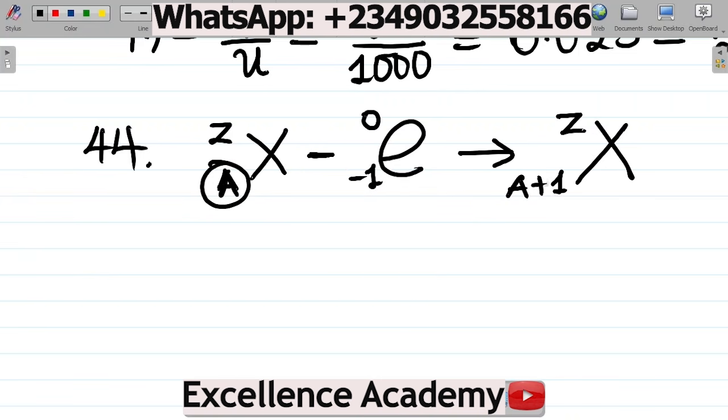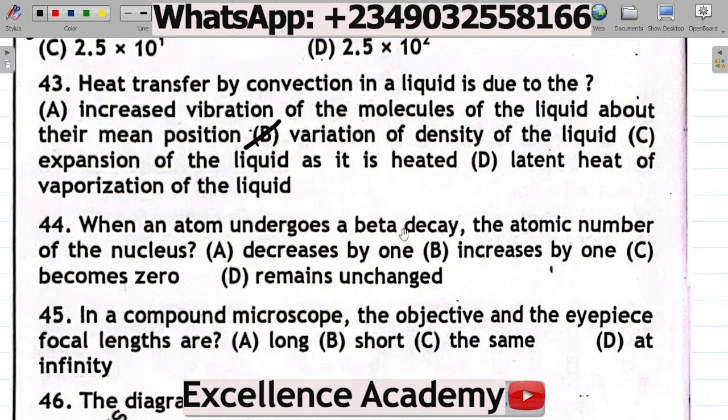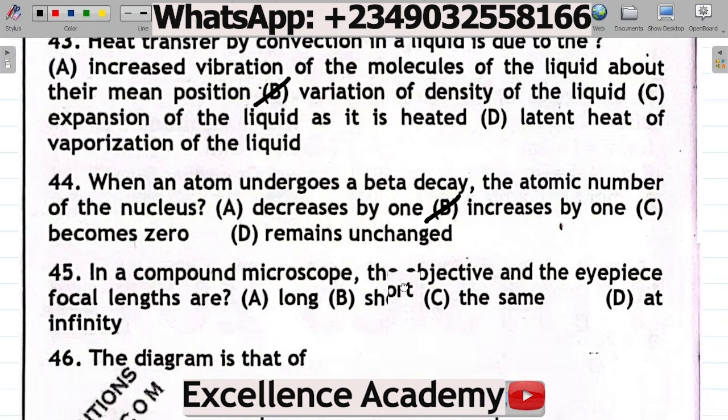Now, the difference here is that if you observe, the mass number is the same, meanwhile the atomic number has now been increased by 1. So the answer for 44 is that the atomic number increases by 1. The answer is B, increases by 1. So 44, B is the correct answer.